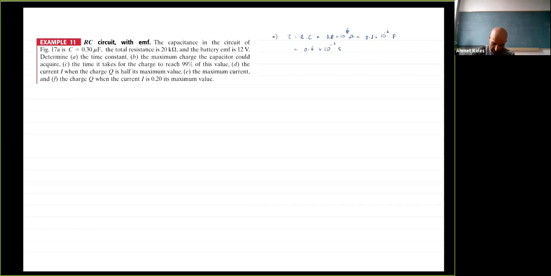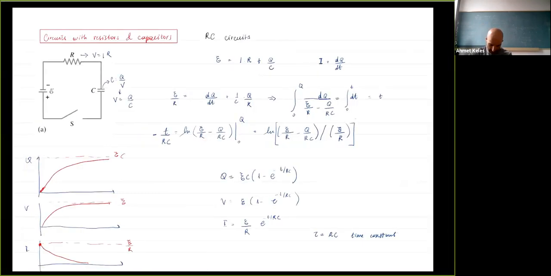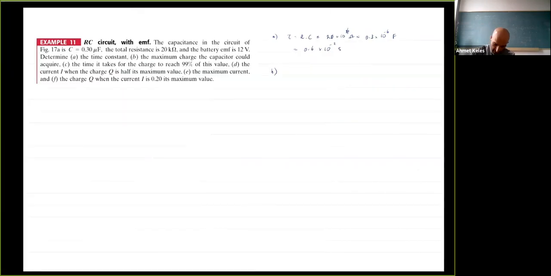B, maximum charge the capacitor could acquire. Let's go back. What we found is the Q max, and it happens when T goes to infinity. So Q max is equal to EMF times C, which is 12 times 0.30 times 10 to the minus 6 farads.